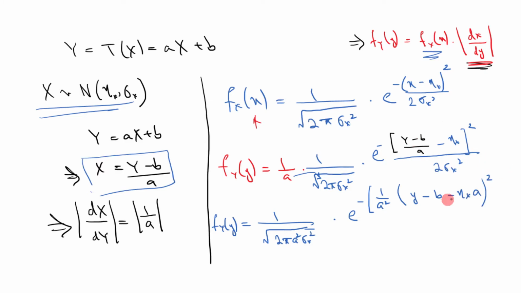Here we have the square, whereas in the denominator we have 2 sigma x square.